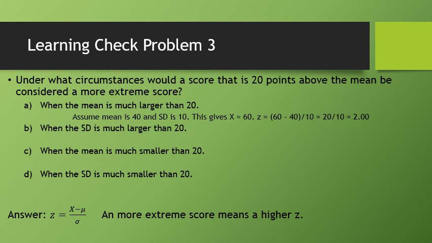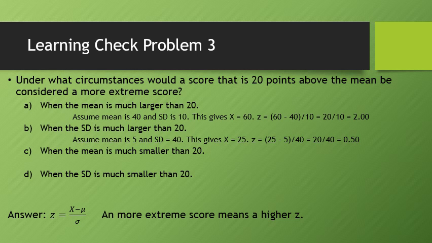So let's assume that the mean is 40, and the standard deviation is 10. This would give x equal to 60, because 20 points higher than 40 is 60 for your x score. Then find the z-score for this data: you'd get 2.00. Part B says when the standard deviation is much larger than 20.